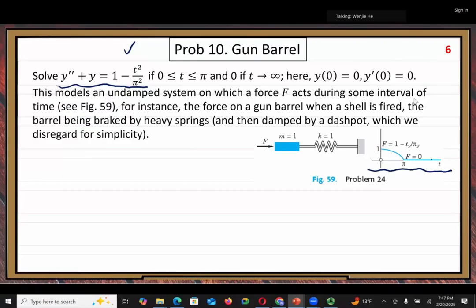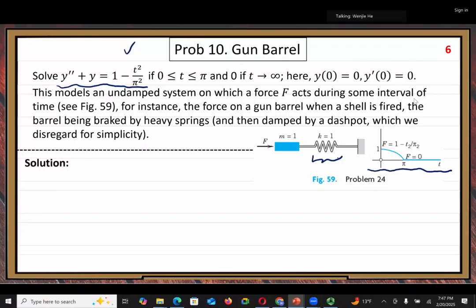Force on the gun barrel when a shell is fired, the barrel being braked by a heavy spring and then damped by a dashpot.